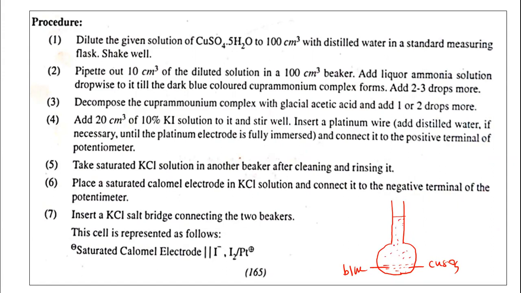Now pipette out 10 ml of the diluted solution into a 100 ml beaker, that is, 10 cm cube of the diluted copper sulfate solution.